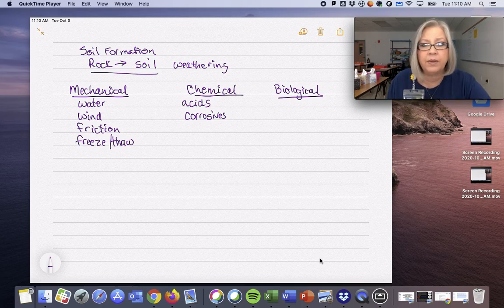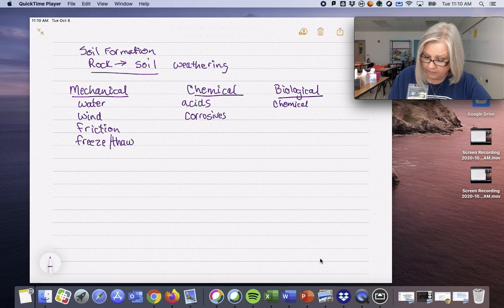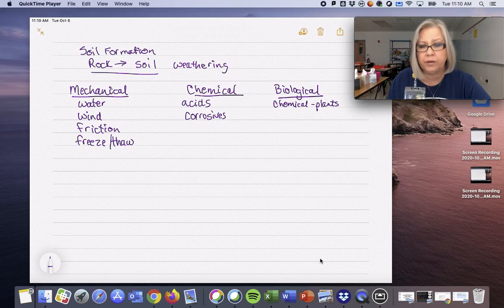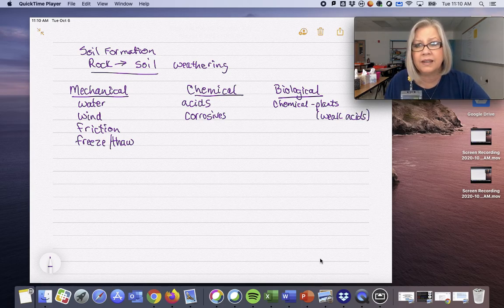Biologic, now this can happen in a couple of different ways. One, it can be chemical, and this comes from plants being able to produce weak acids. The big one here to remember is lichens.